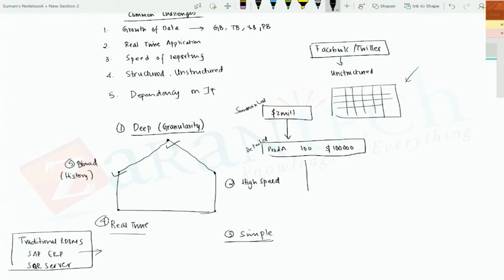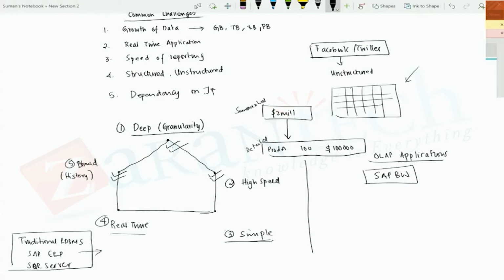On the contrary, if we look at OLAP type of applications, for example, let's take the case of BW. If I take the same 5 points I just mentioned, an OLAP application like SAP BW is able to provide you deeper granularity. That is a given. To an extent, it's able to provide high speed information.